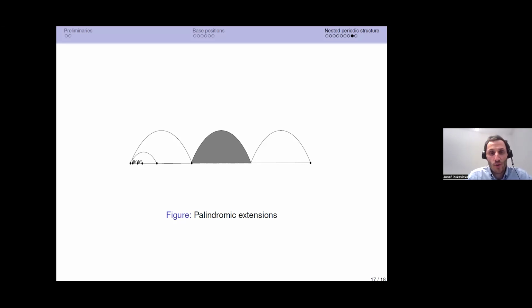And so on. Of course, if instead of one position I have a bunch of positions, it gets more complicated. I have to split it into nested periodic structures, but the idea is the same. In every point, I have at most H non-periodic palindromic prefixes, and every single one allows me to construct another nested periodic structure of higher degree.